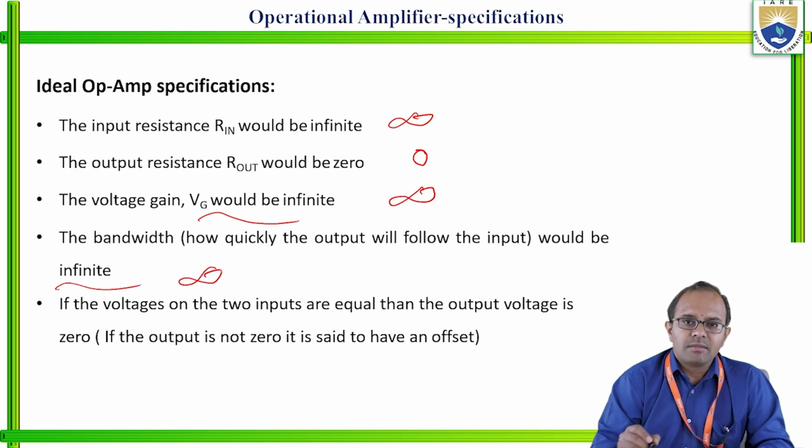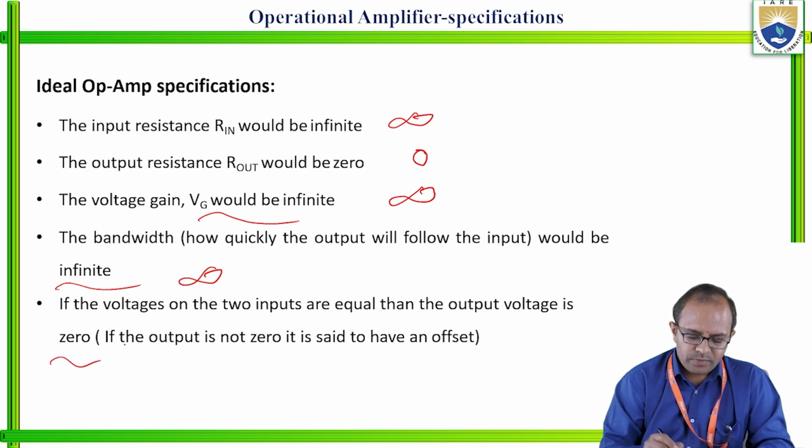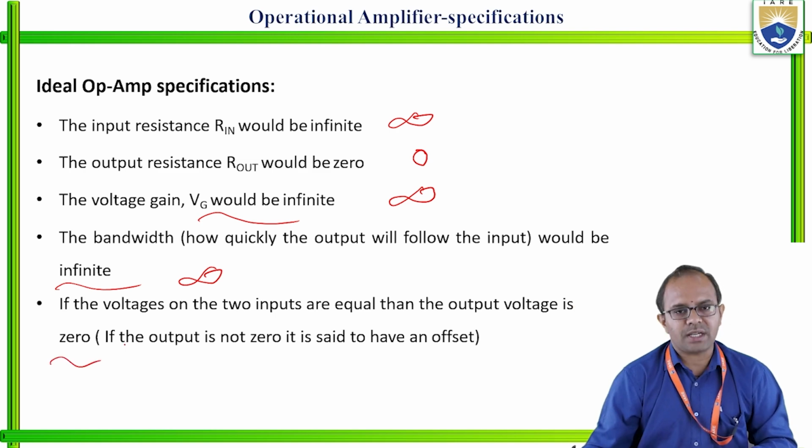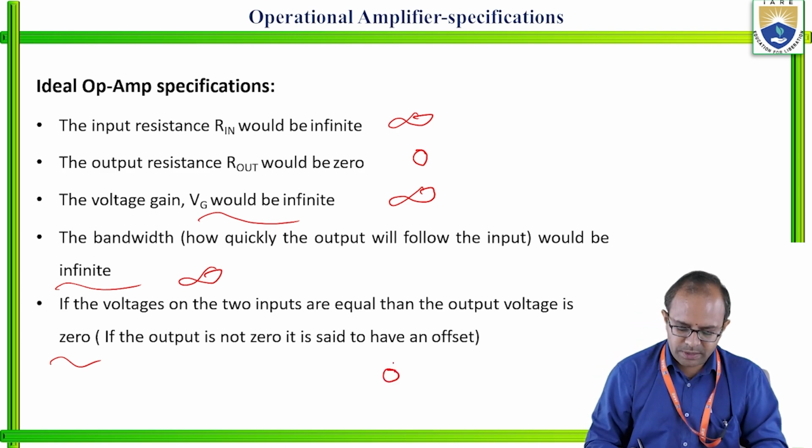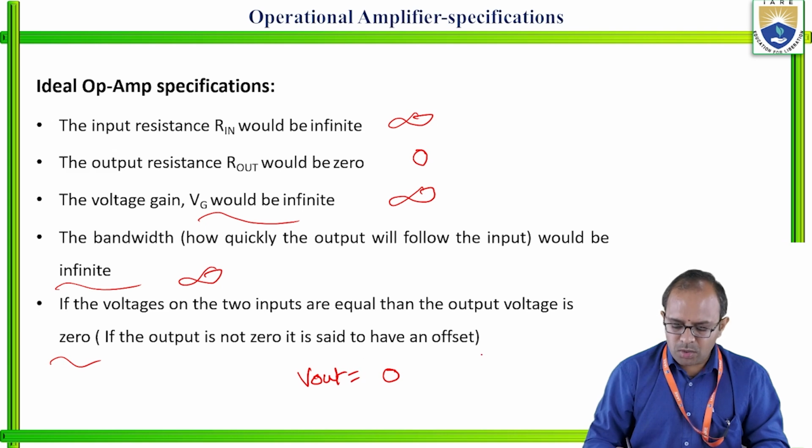If the voltages of the two inputs are equal, that is V plus and V minus are the same, the output voltage is 0. V out should be equal to 0 when V in 1 is equal to V in 2.